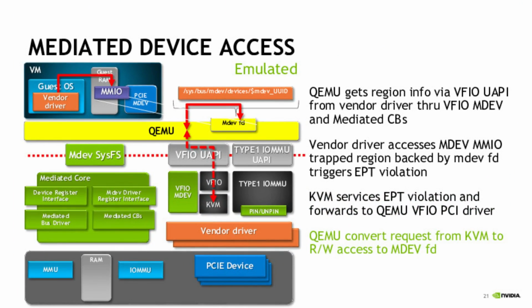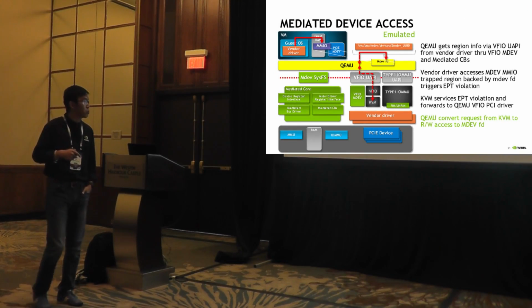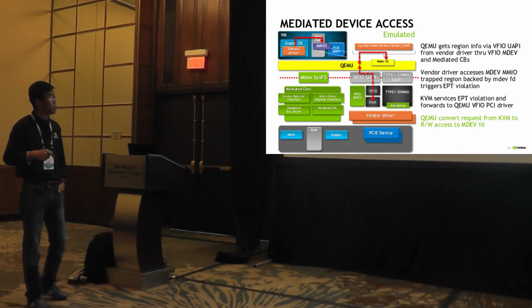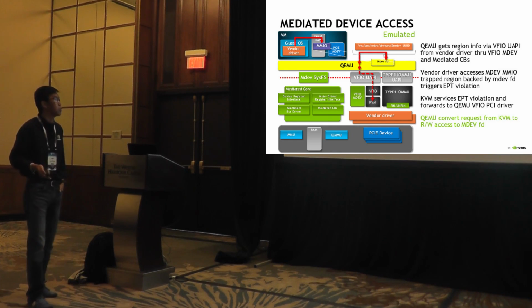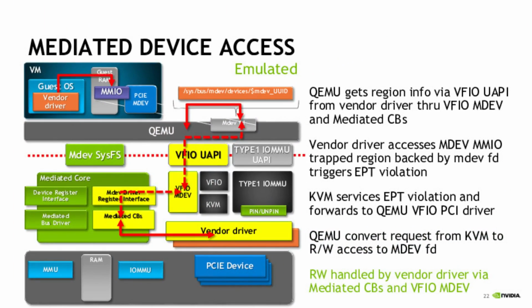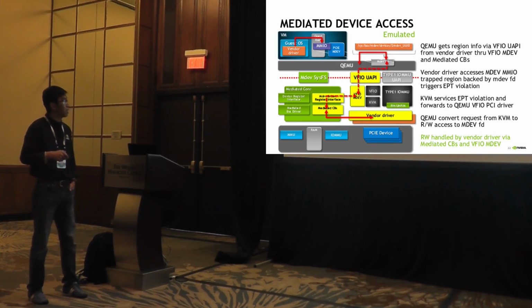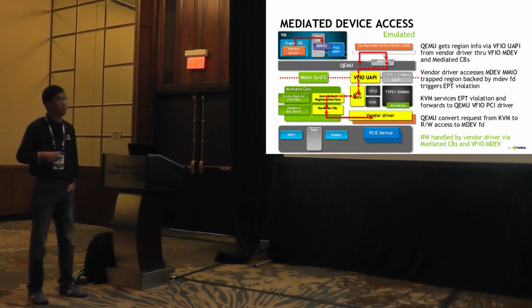Then QEMU will convert such a request from KVM to a read/write access to this mdev file descriptor. There's nothing new here. It's reusing the code we have for direct assignment. And then the read/write will go to the vendor driver, right? So from the guest, now it will go back to the vendor driver on the host.